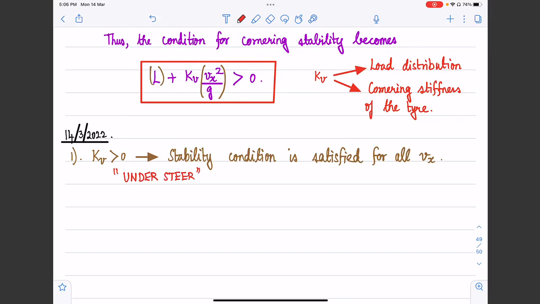And consequently, we say that the vehicle is in a state of understeer. The good thing is that we ensure stability for all values of Vx. What is the trade-off? We will look at that as we go along. We will see that there is a trade-off in terms of performance. Nothing comes free. So we will see what happens with understeer vehicles as we go along.